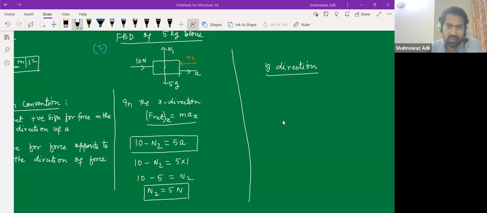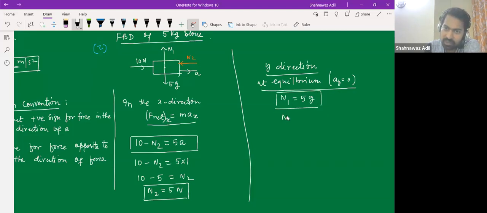In the y direction it is not moving, which means that in the y direction it is at equilibrium. Is this part clear? Yes, sir. So which means that what is balancing? At equilibrium, let me write it as ay equal to 0. So which means that N1 equals 5g. If you guys have any question, please ask.